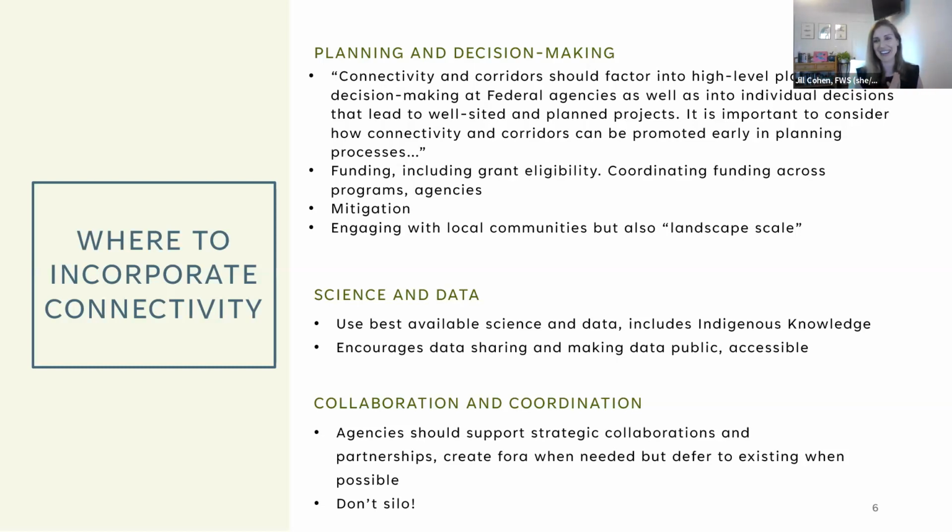There's a lot of language in the memo that is really in the spirit of stop siloing, talk to each other, work together, work with others. So it's probably not surprising to you all the elements of this, but I think it is a powerful step forward to have it all laid out, to have guidance at the level of the White House, to have had an interagency team agree to this and put this together.